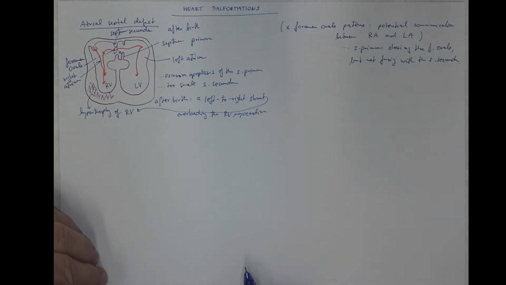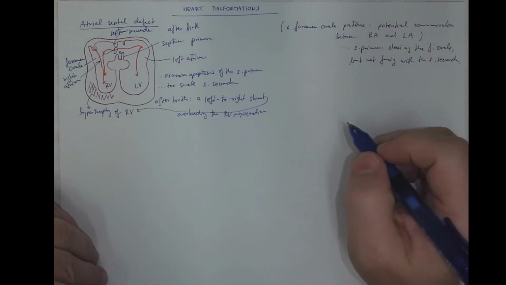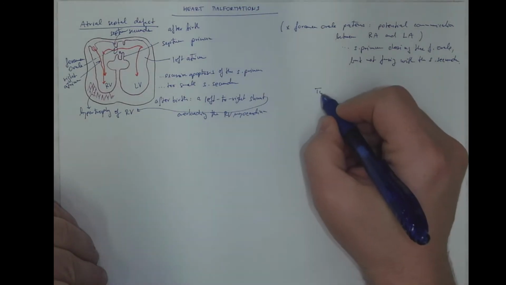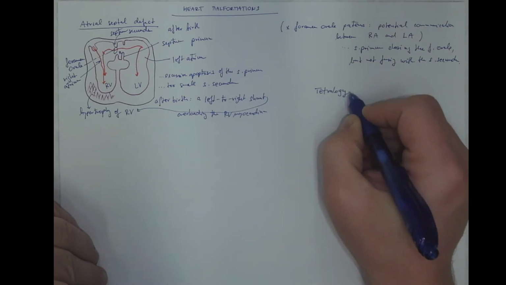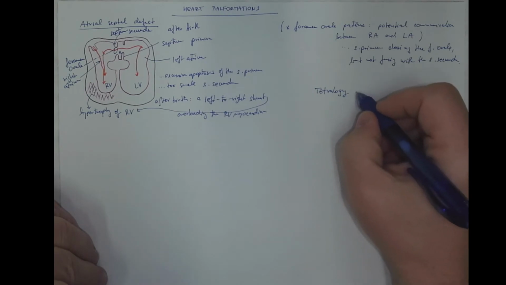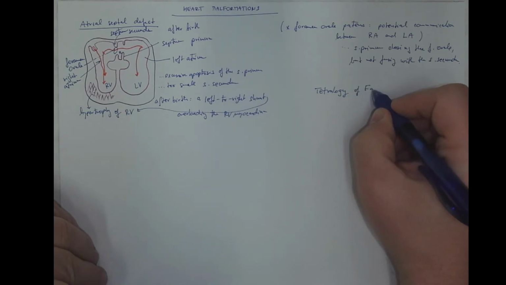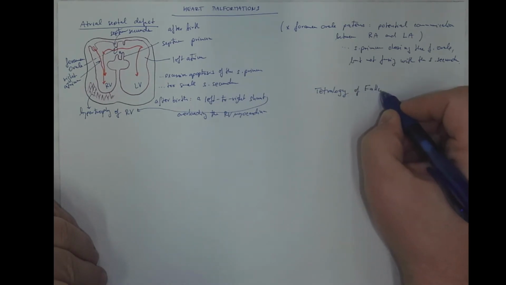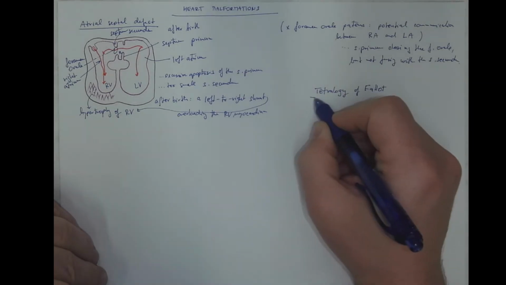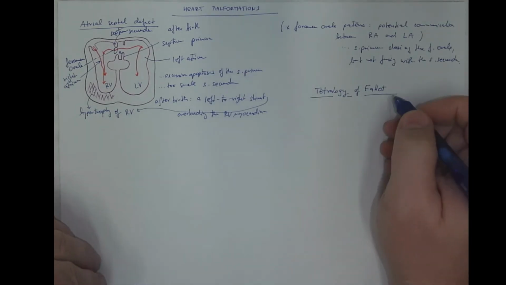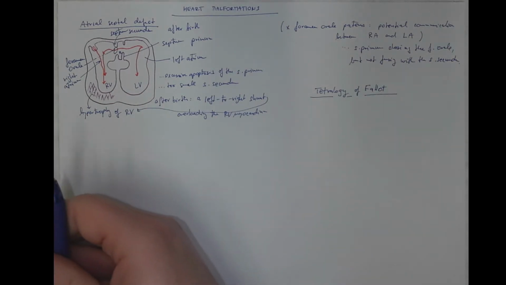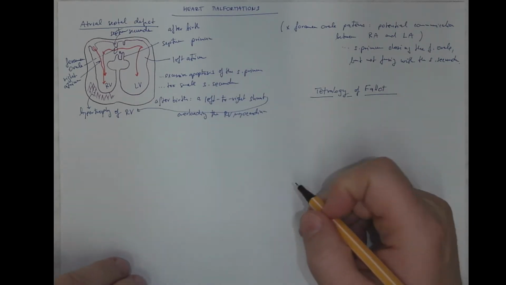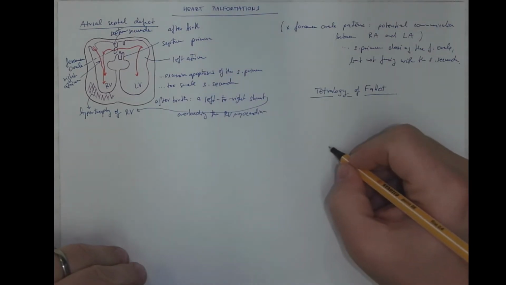Let us discuss another heart malformation called the tetralogy of Fallot. Tetralogy, so you can hear there will be a combination of 4 defects. Tetralogy of Fallot, F-A-L-L-O-T. The primary problem here is the interventricular septal defect.